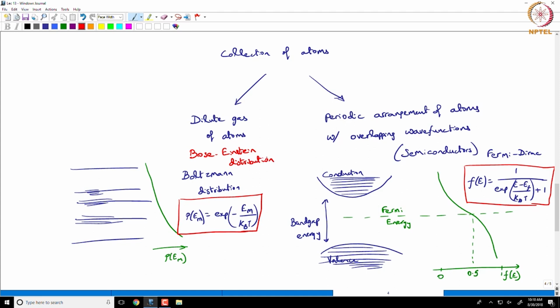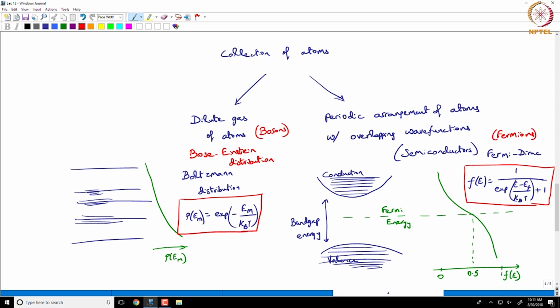So, we will see that we could describe the emission statistics from these dilute gas of atoms in terms of Bose-Einstein distribution. So, from that perspective, the emission from these are known as bosons, whereas the emission from these are typically called fermions.